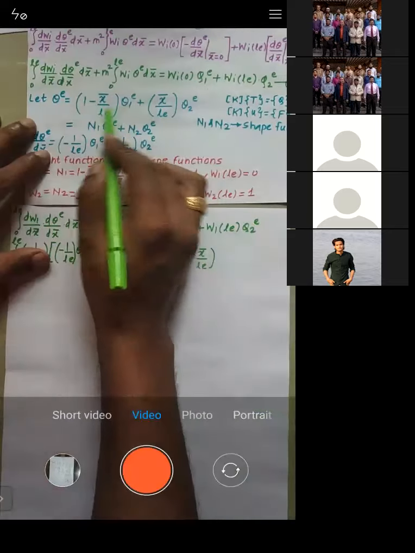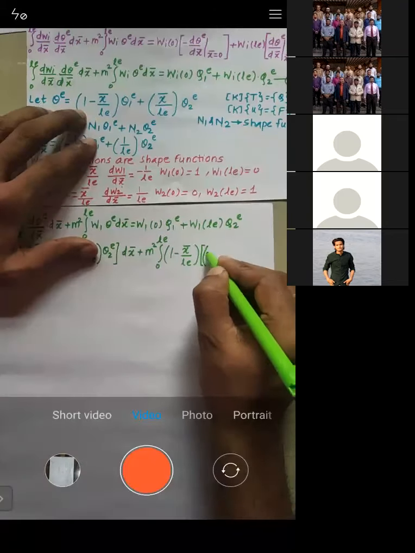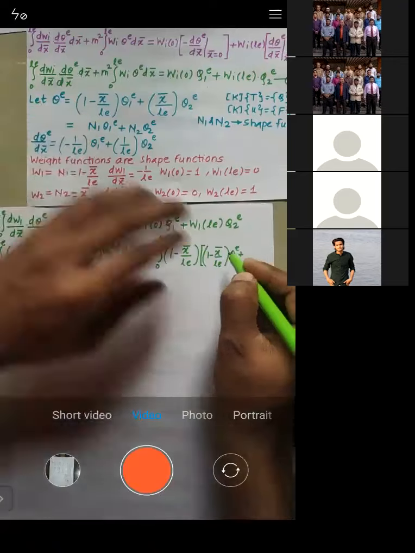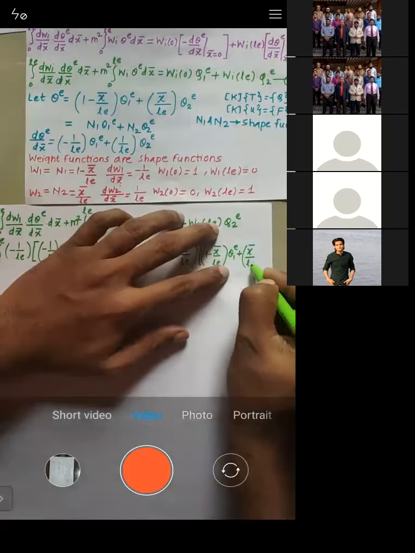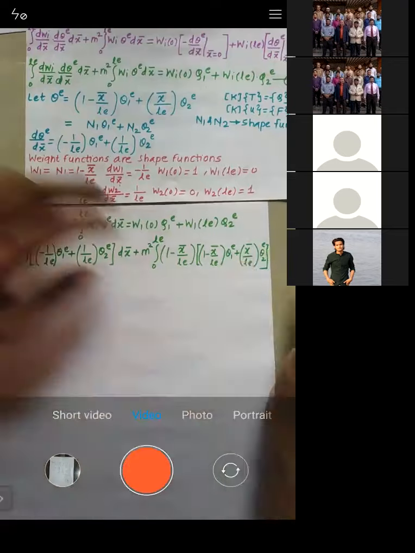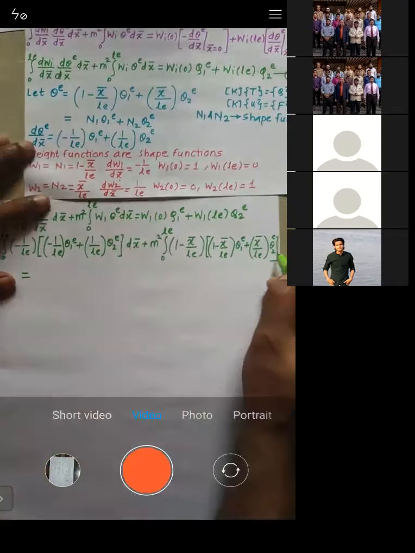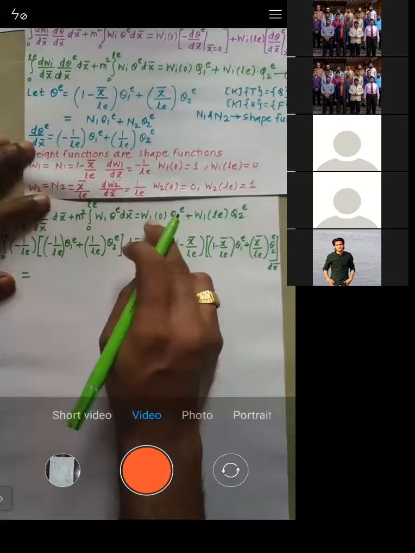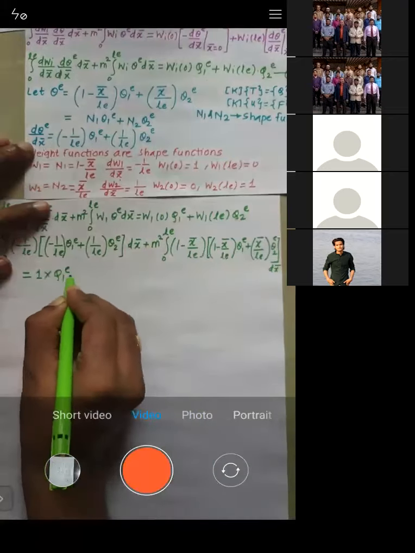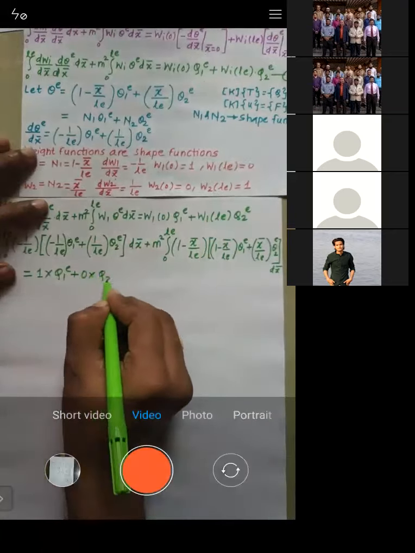Now you can see this is the equation for theta e, so I need to write the complete equation: 1 minus x bar by LE, into theta 1 e plus x bar by LE theta 2 e, into dx bar, is equal to w1 at 0, which is 1, into q1 e, plus w1 at LE, which is 0, into q2 e.